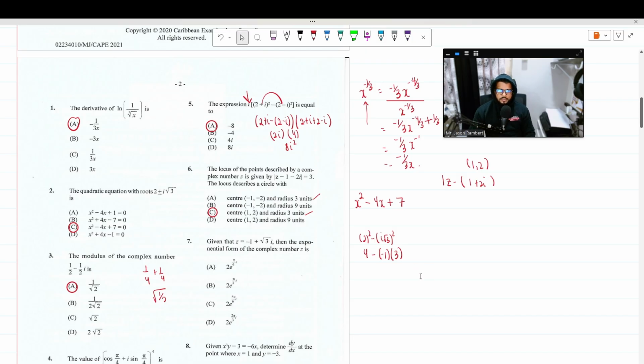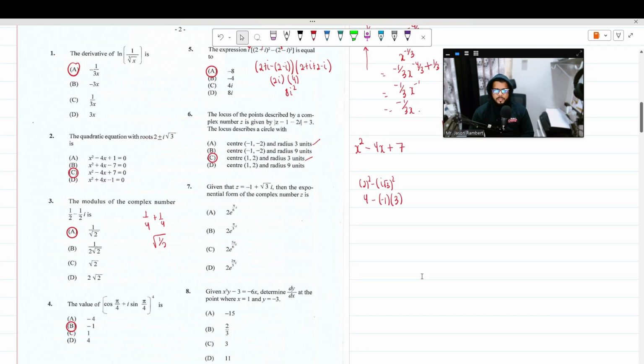Given that z is equal to that, the exponential form of the complex number z is... I'm not going to calculate what r is. In all the options, r is going to be 2. So I'm just going to calculate the argument.